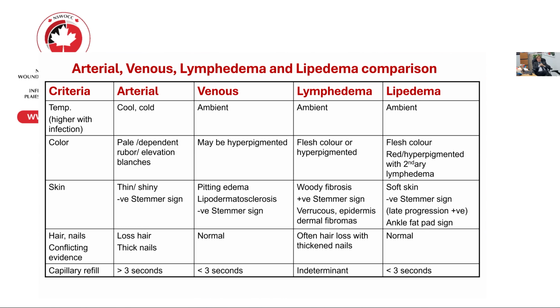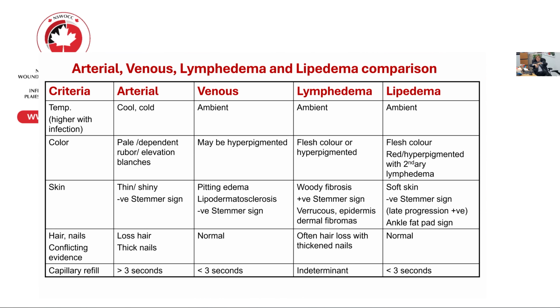And when you get the woody fibrosis, lipodermatosclerosis, only a dermatologist could think of a name like that. But it just means it's like a tree trunk. The skin doesn't move, and they're less likely to get a positive pitting edema. And you have a negative Stemmer sign.